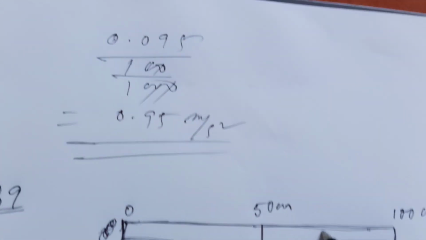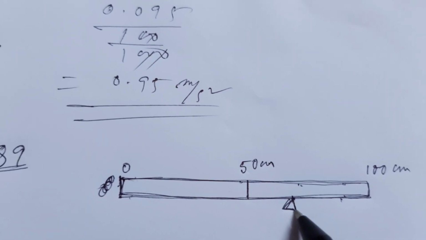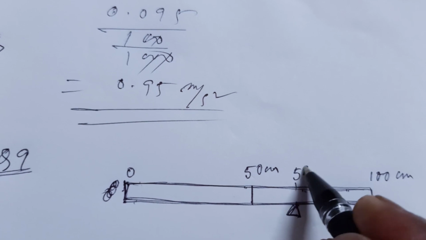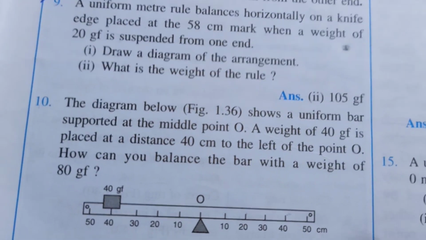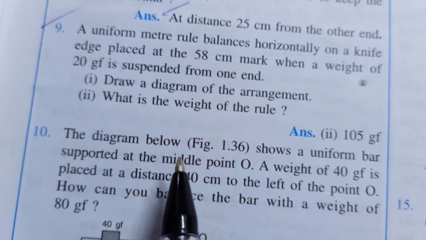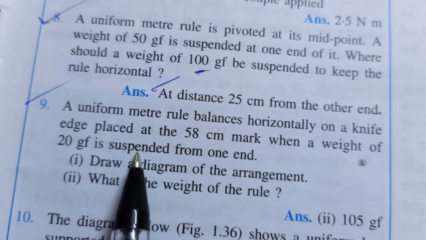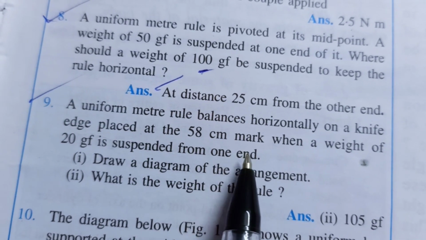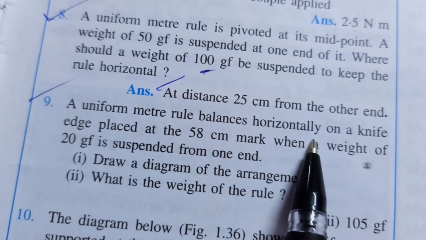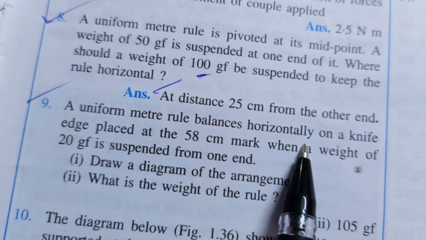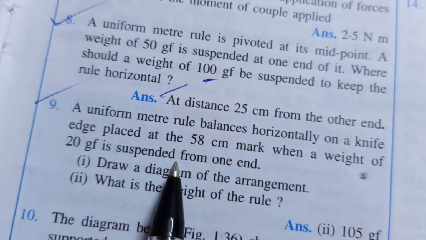So there is a knife edge here at 58 centimeter mark, and when a weight of 20 gram force is suspended from one end, it remains horizontal.